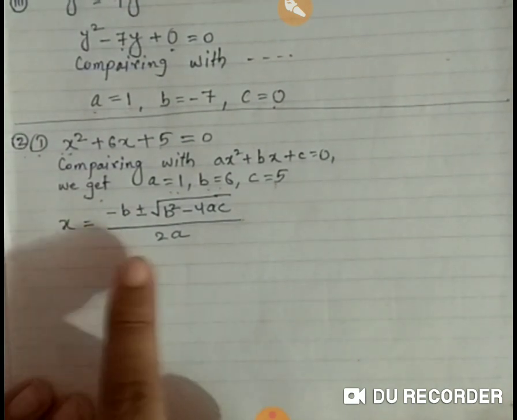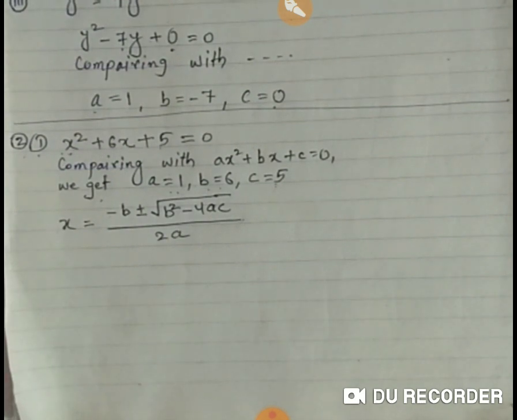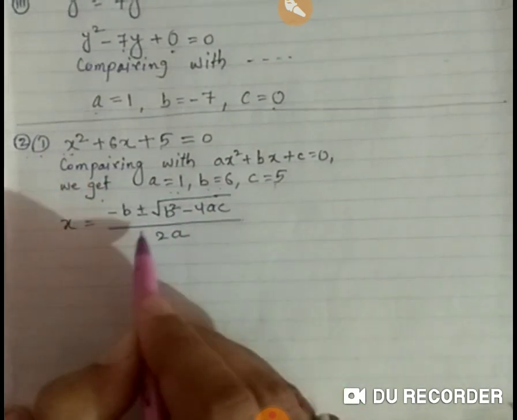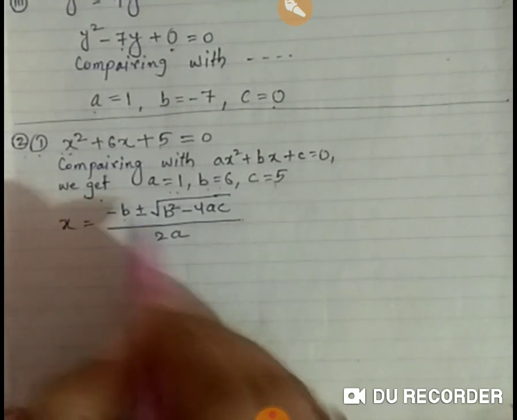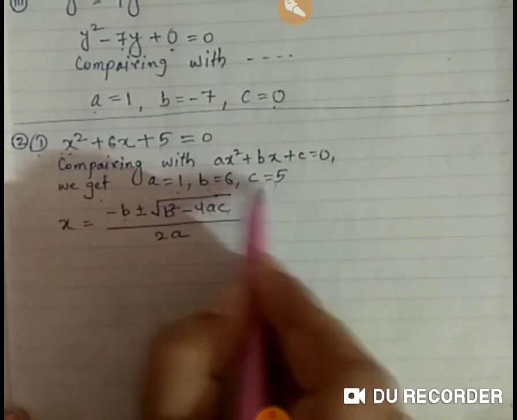This is your formula. We're going to use this formula to find the roots of the quadratic equation. Now, according to this formula, you need the value of b, value of a, value of c, which we already found from the given equation.